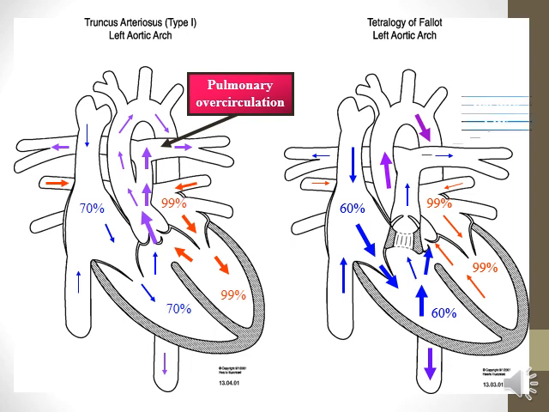There is pulmonary overcirculation in truncus arteriosus, but in tetralogy of Fallot because of pulmonary stenosis there is too little pulmonary blood flow.